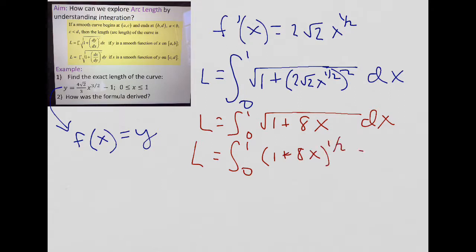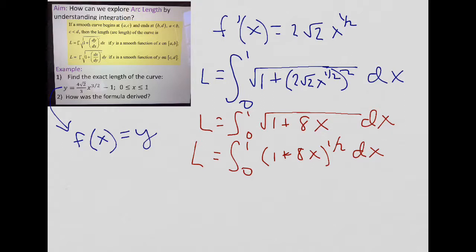Okay, now many times you're not going to be able to simplify it down and find the antiderivative. You're not going to be able to use u substitution or integration by parts.